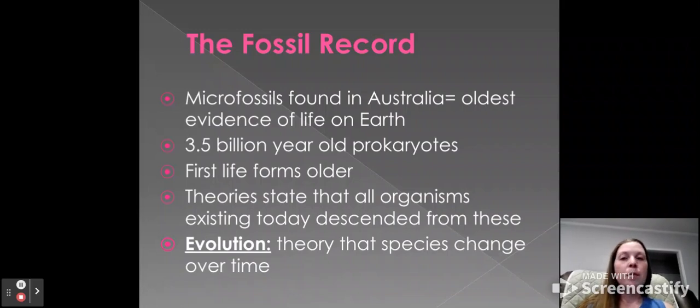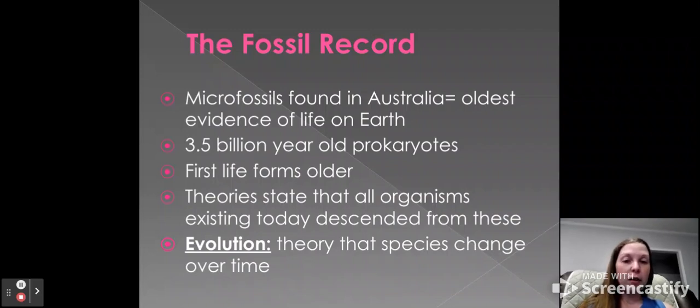So our oldest evidence of life that we can try our best to date is found in Australia, in microfossils. They're about 3.5 billion year old prokaryotes, and the first life that we have proof of. And theories state that all organisms existing today descended from these.